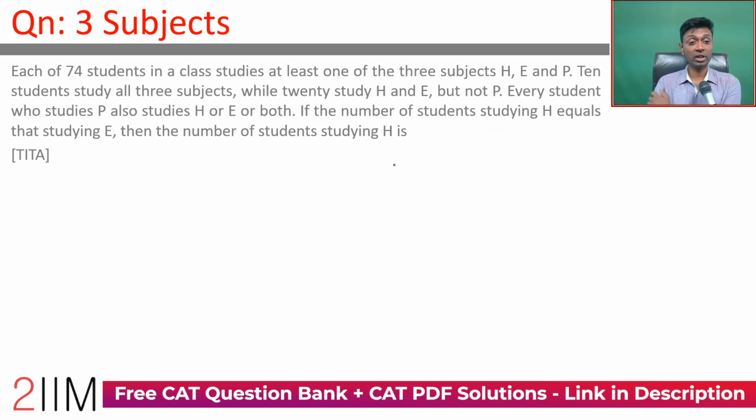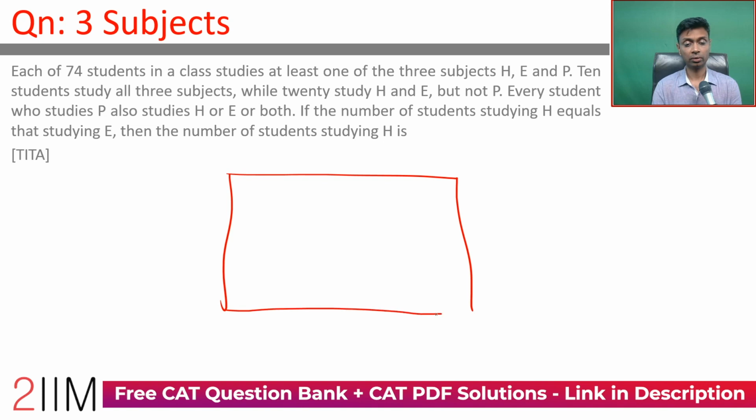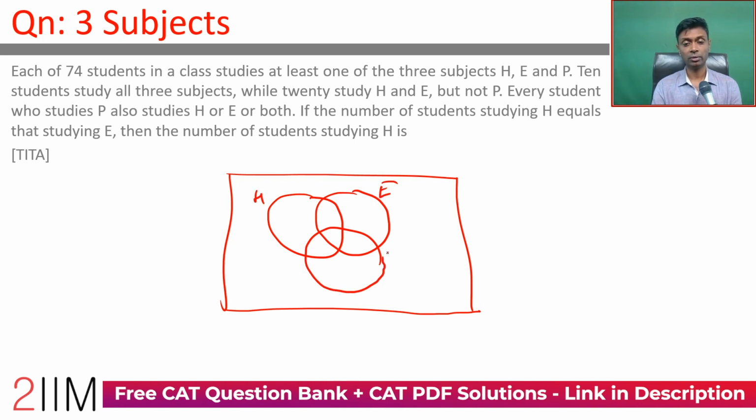Each of 74 students in a class studies at least one of the 3 subjects H, E and P. So I straight away know that is a Venn diagram question. So H, E, P. 74 in a class. All of them study at least one of the 3. This is remaining 0. 10 students study all 3 subjects.